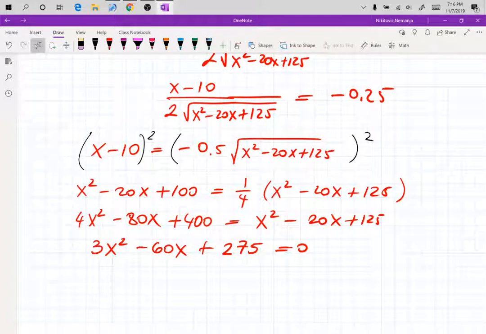This is an applied problem. No one cares about you being able to do a quadratic equation. I mean, guys, if you end up on a desert island, obviously you have to do everything by hand.